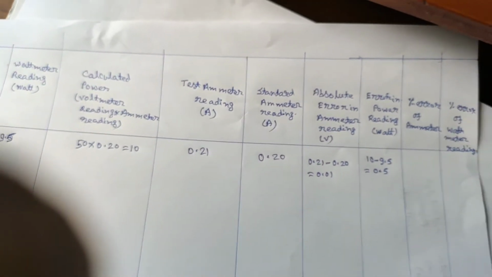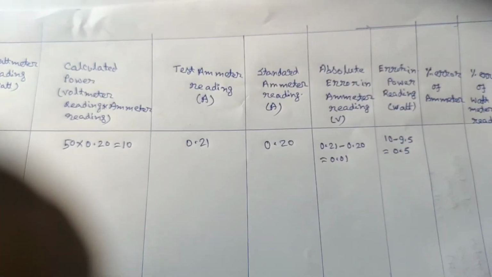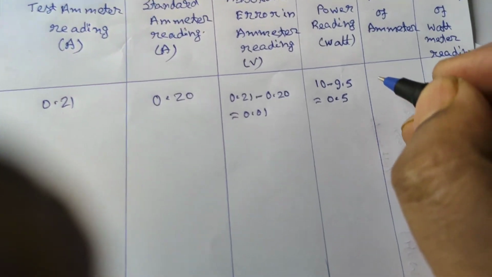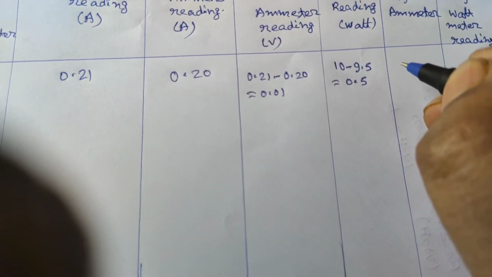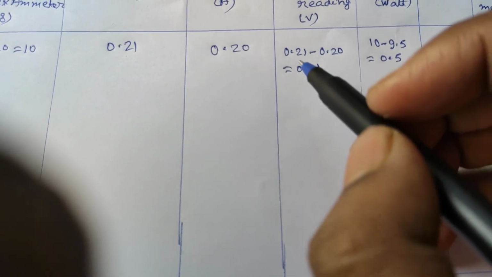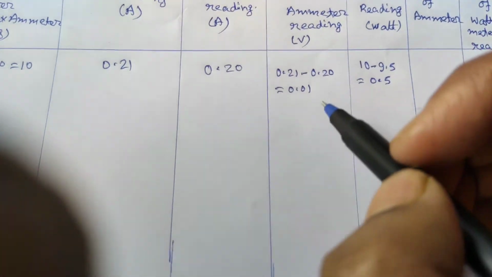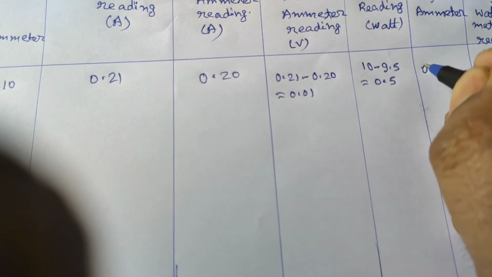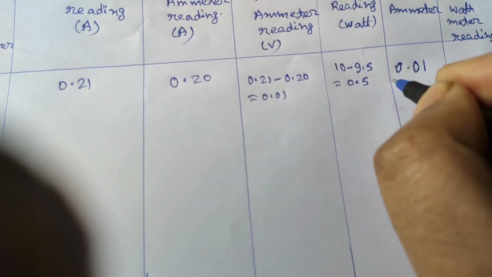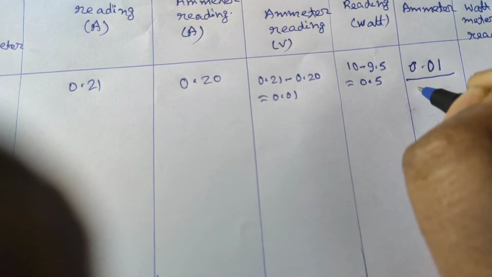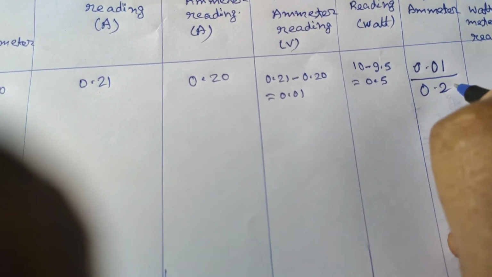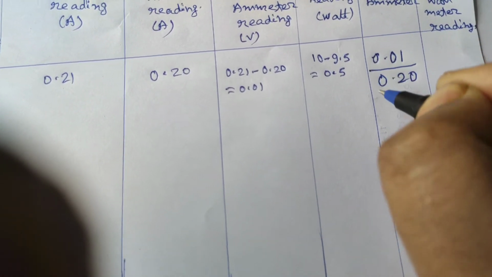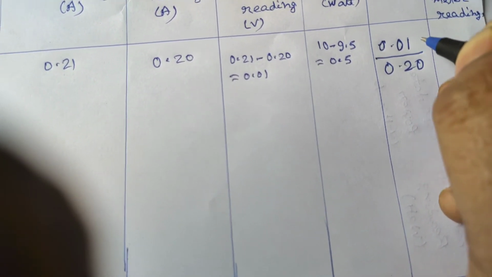Okay, so the formula here that we need is the difference between standard and test by standard. So it will be 0.01 by 0.20. This is the difference, and by the standard value into 100.